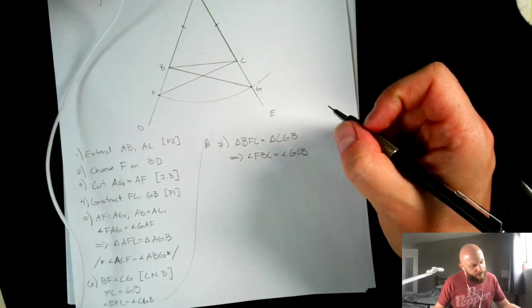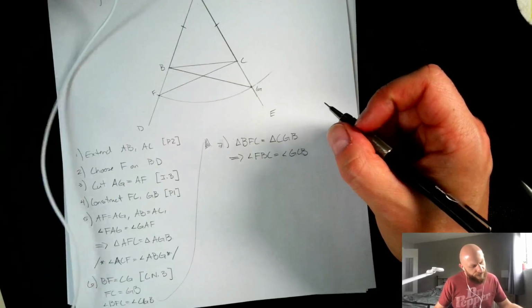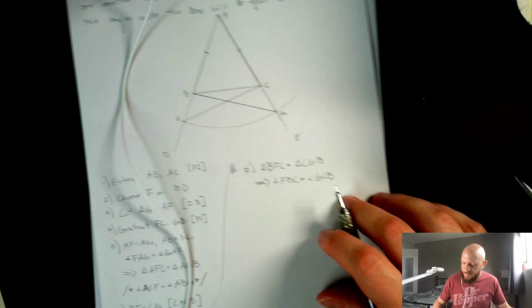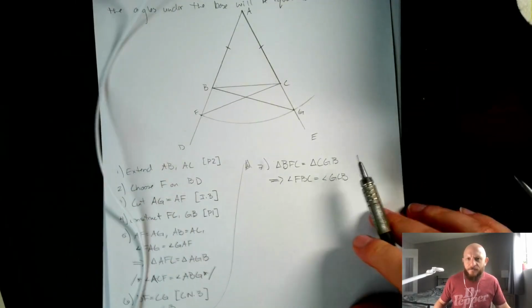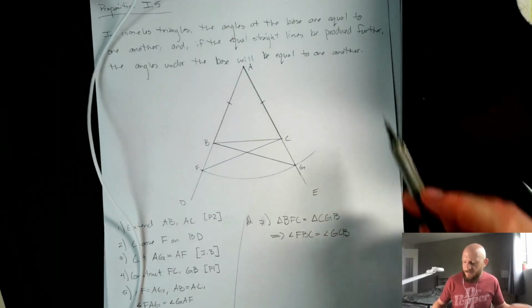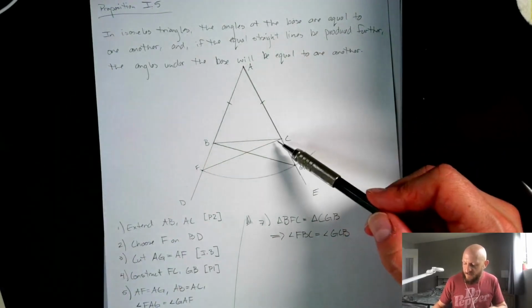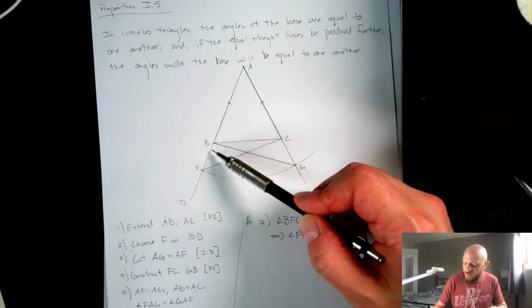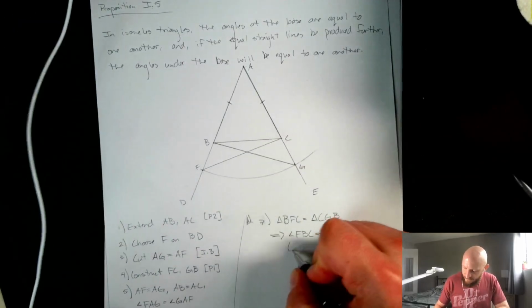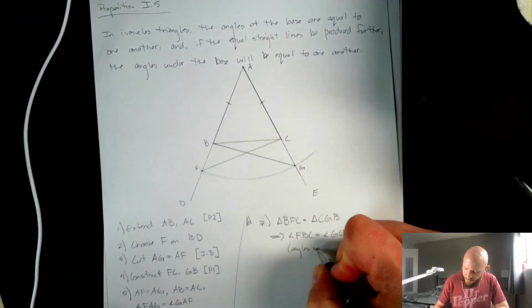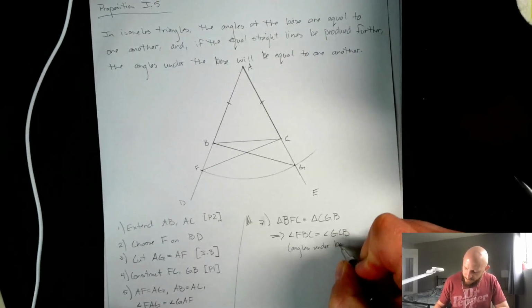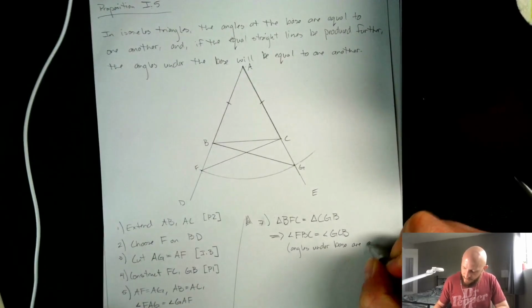And that was one thing that we needed to prove. This is the second part of the statement, where it says that the angles under the base are equal to each other. We just proved that. So this is angles under the base are equal.